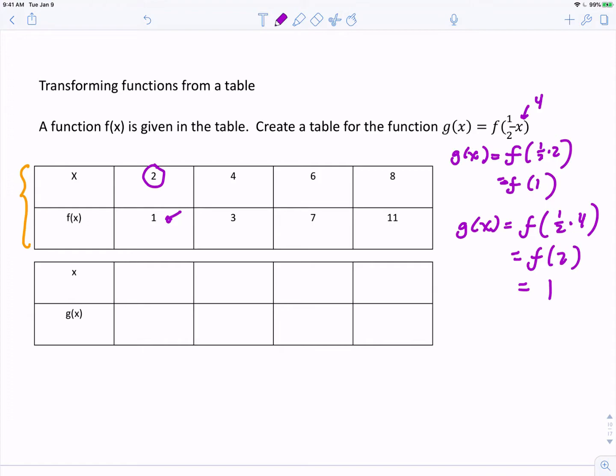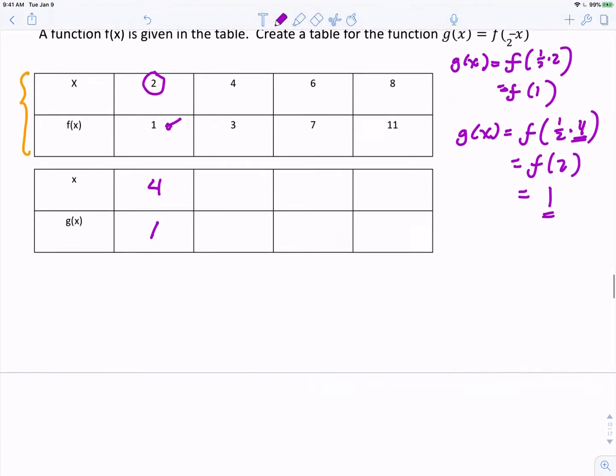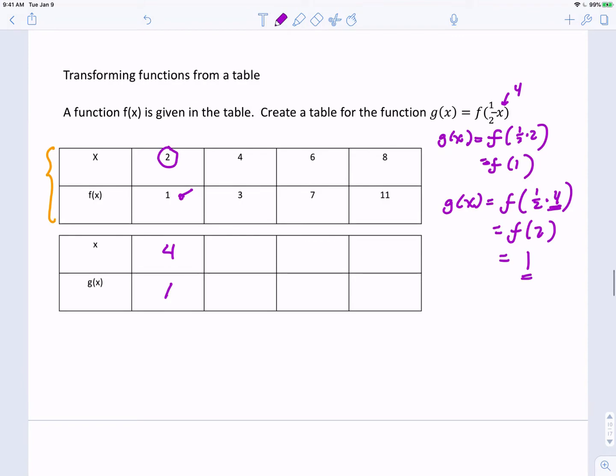So if our input is a 4, our output is a 1 in function g. So we can fill that in. If our input is a 4, our output will be a 1. Let's try another one. Let's try putting in a 6.